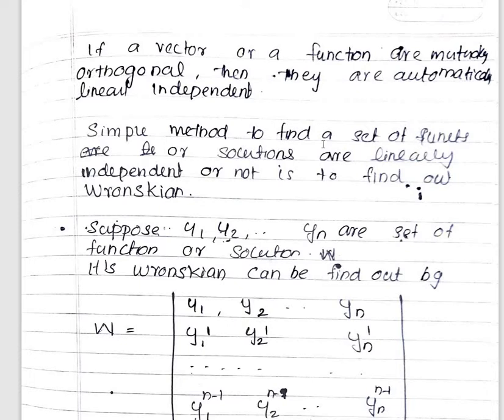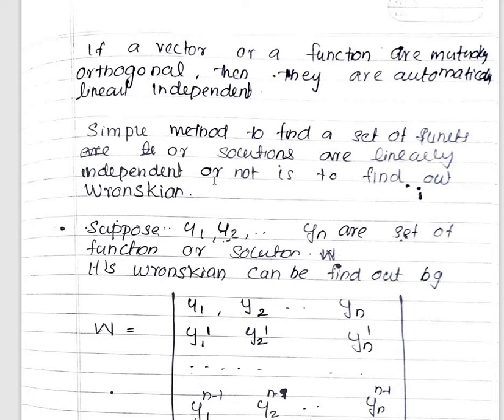A simple method to find whether a set of functions or solutions are linearly independent or dependent is to find its Wronskian.